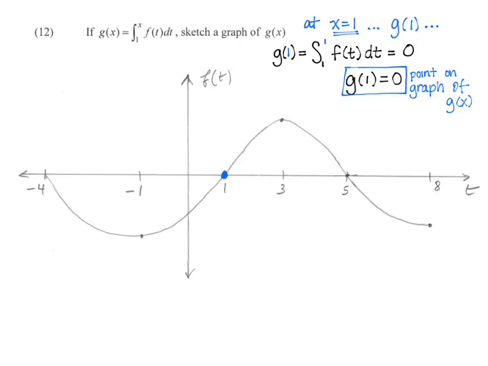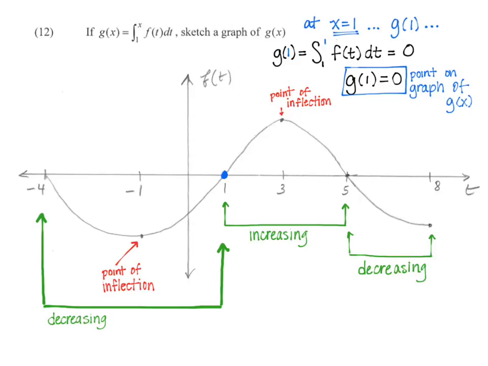Now let's look at other things about this derivative. When you have a maximum of a derivative, it is a point of inflection on the antiderivative. And when you have a minimum on the derivative, it is a point of inflection on the antiderivative. Wherever the derivative is negative, the antiderivative is decreasing. Wherever the derivative is positive, the antiderivative is increasing. So we've got that knowledge.